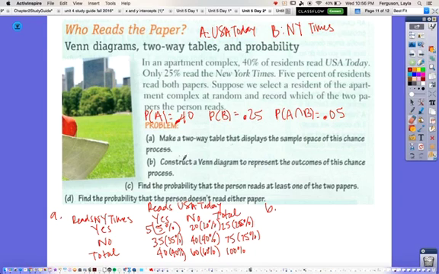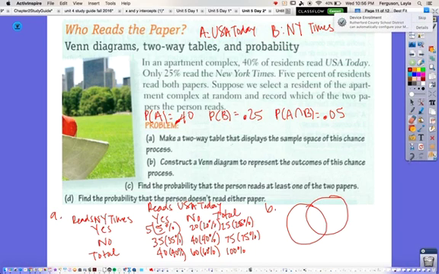For B, it asks us to construct a Venn diagram to represent the outcomes of this chance process. So for a Venn diagram, I'm going to have my 2 circles that overlap in the middle. And we'll let the first circle be A, and we know that A is the USA Today.